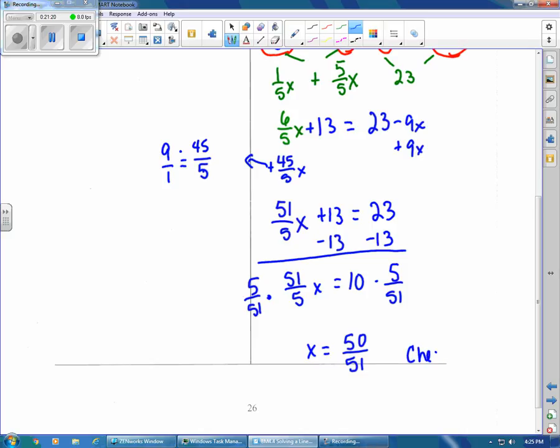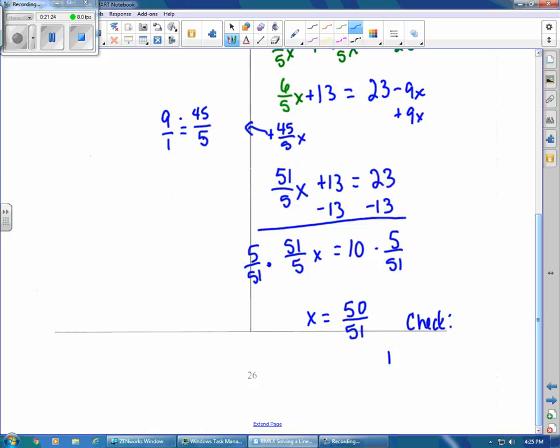This is going to be an ugly check. So 1/5 times 50/51 plus 13 plus 50/51. Does that equal 1 minus 9 times 50/51 plus 22?